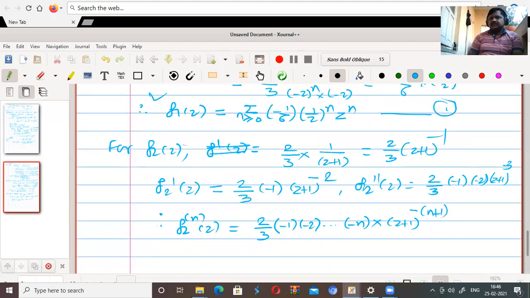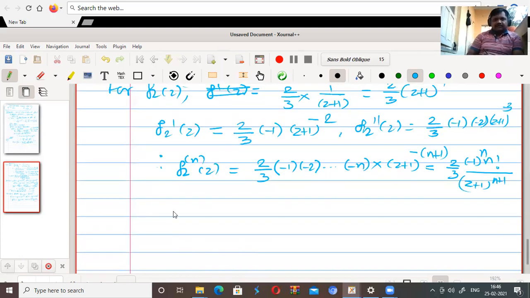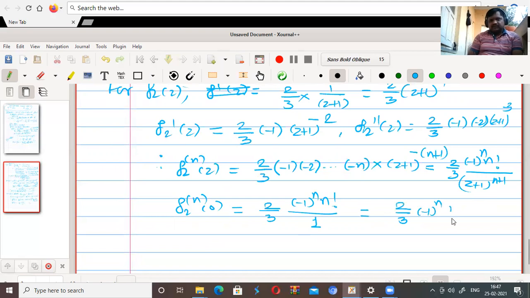We have taken minus 1 from each of these, so this is equal to 2 by 3 into (minus 1) raised to n into n factorial divided by (z plus 1) to the power n plus 1. So what is f2 to the n at 0? If I put z equal to 0, we get 1 to the power n plus 1, which is 1 only. So this becomes 2 by 3 into (minus 1) raised to n into n factorial.